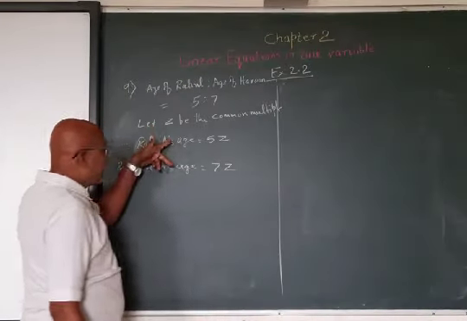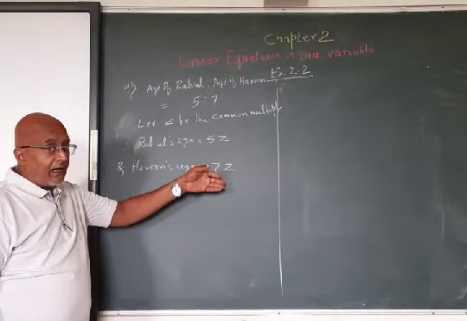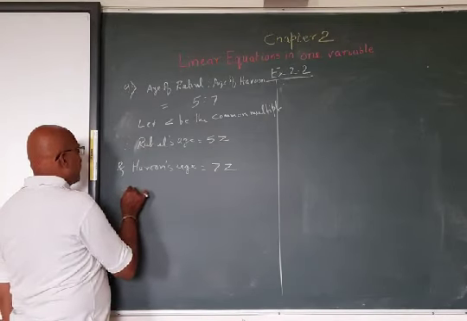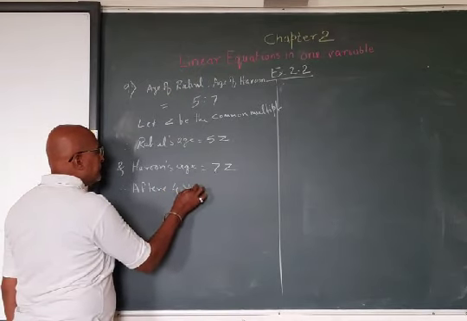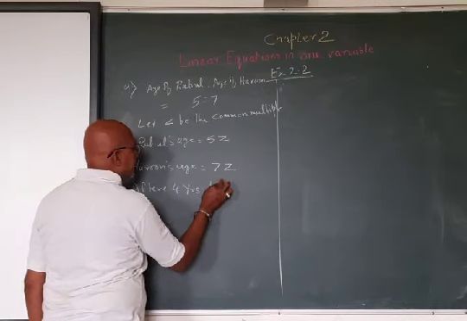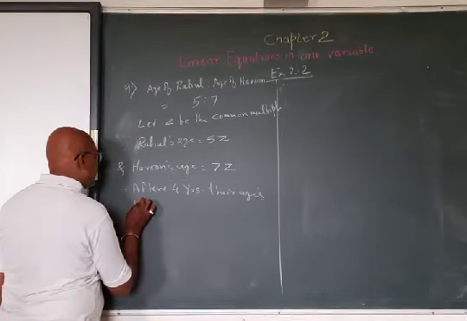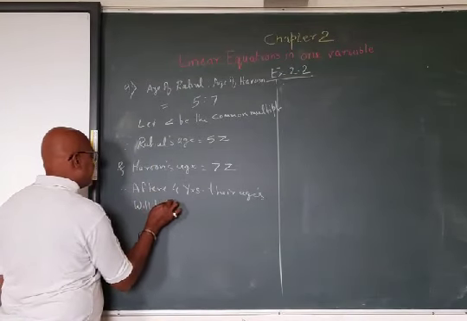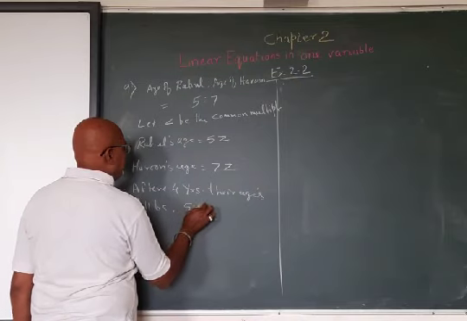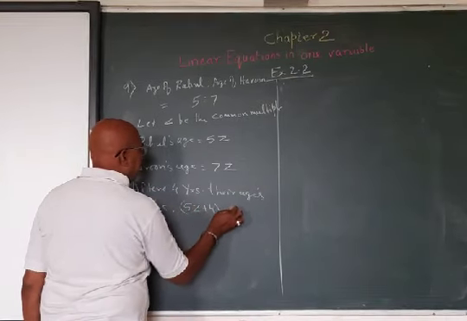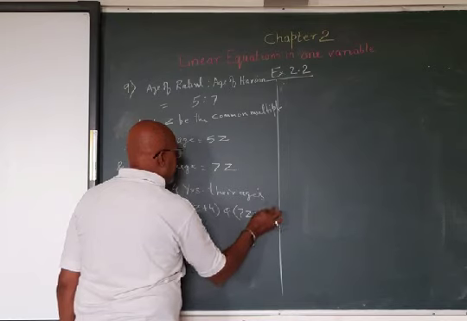Now as their present ages are 5Z and 7Z, so after 4 years their ages will be 5Z plus 4 and 7Z plus 4 respectively.